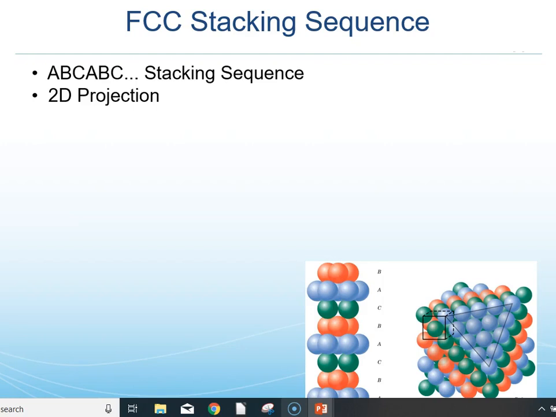So if you look down towards the right on the bottom, you can see we've got a big stack of close packed planes. In each one of those red, blue, or green planes, you've got one atom surrounded by 6, going on forever in the horizontal direction.